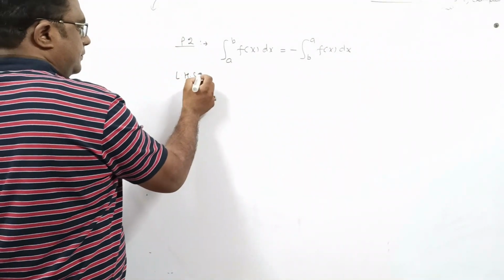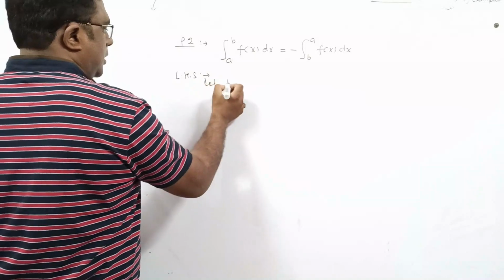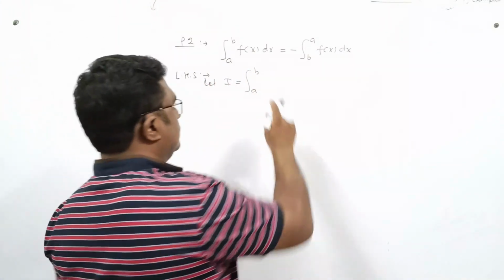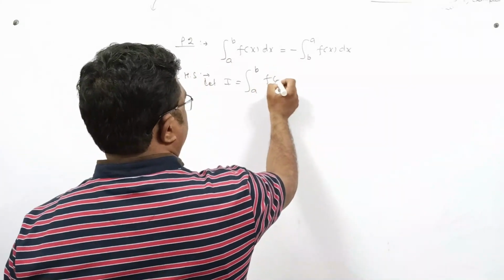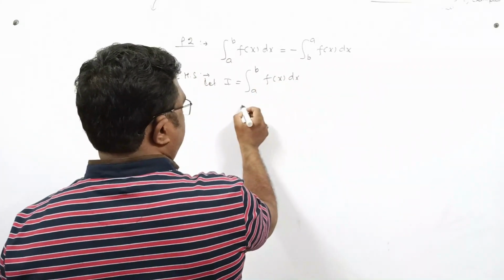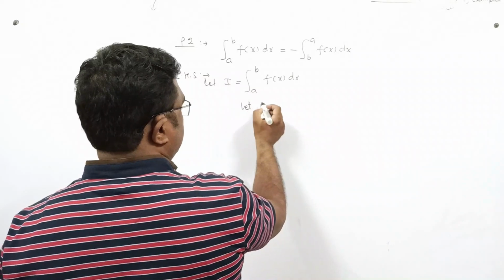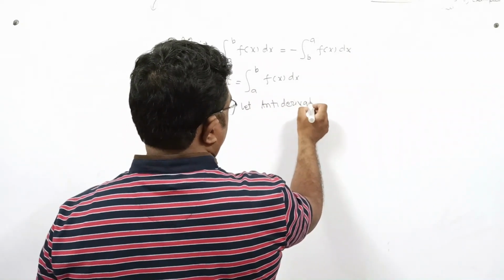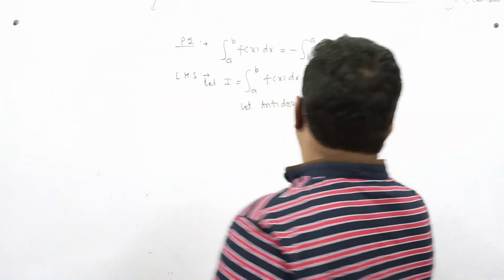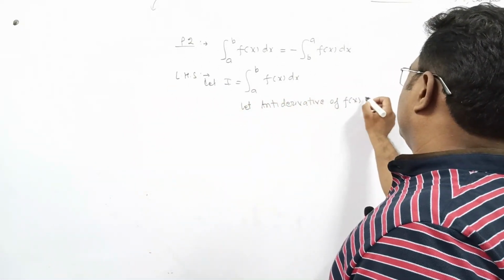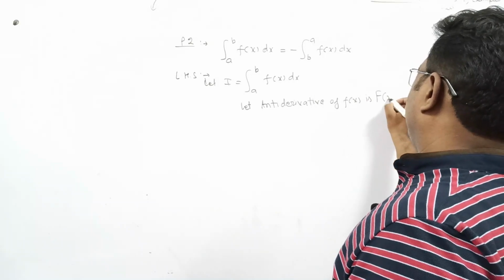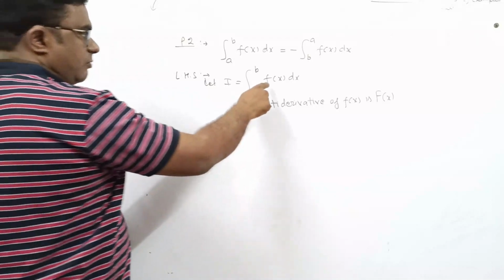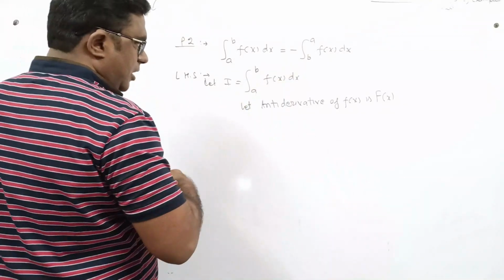Left hand side: let the integration equal the integral from a to b of f(x) dx. We are assuming one thing. Let the antiderivative of f(x) be capital F(x). Okay, so we are assuming that the antiderivative of small f(x) is capital F(x).